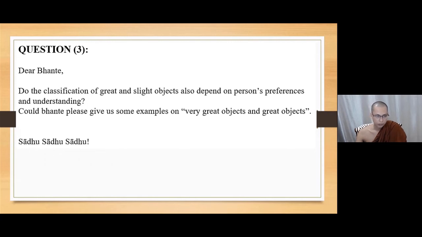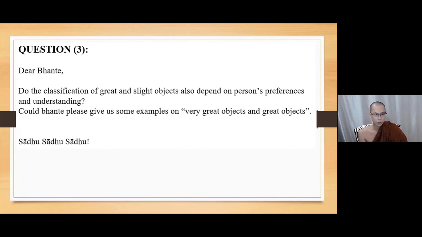No, first, the classification of great and slight does not depend on the person's preference. The way we can classify an object as great or slight is by seeing the mind moments in the process. If the cognition process is longer, and only one moment of past bhavanga consists of it, we can regard the object as very great, and so on.